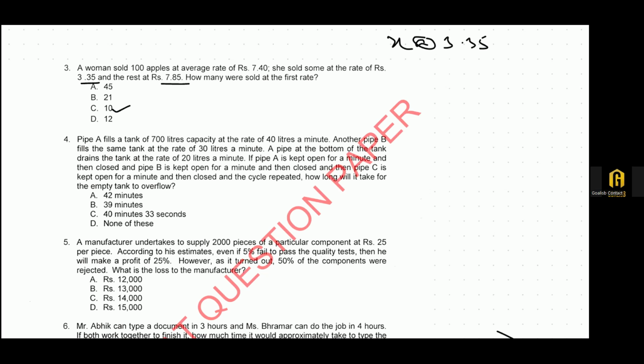According to his estimates, even if 5% fail the quality tests, then he makes a profit of 25%.